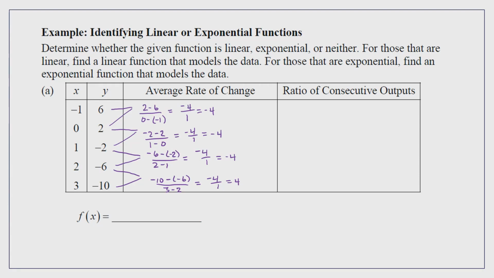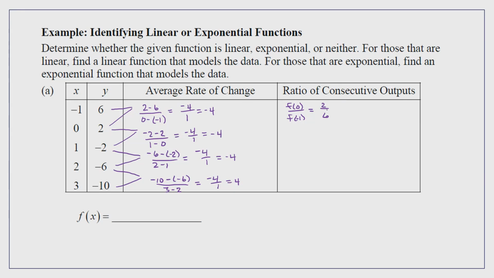So now we want to find the ratio of consecutive outputs. So this is similar to what we did in a previous slide. So we'll first take f of 0 divided by f of 1, and that was 2 over 6. And this should be negative 1 because we're doing the first two, 0 and negative 1, sorry.